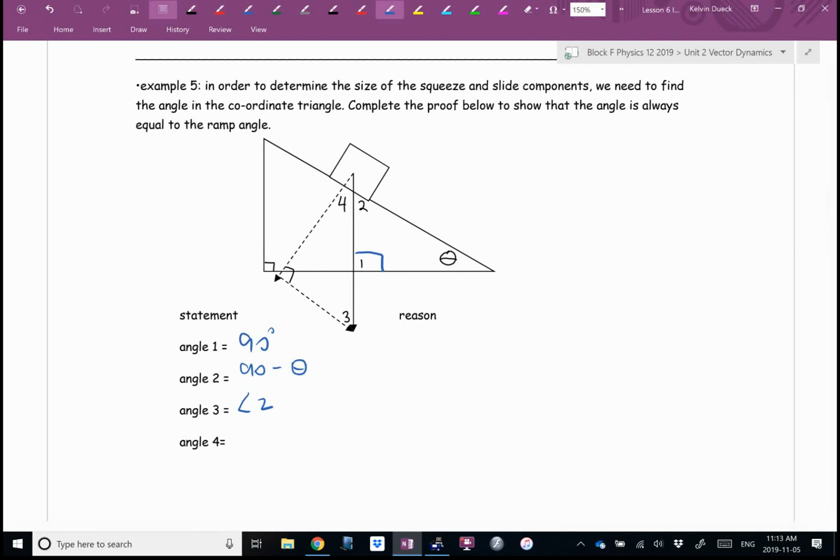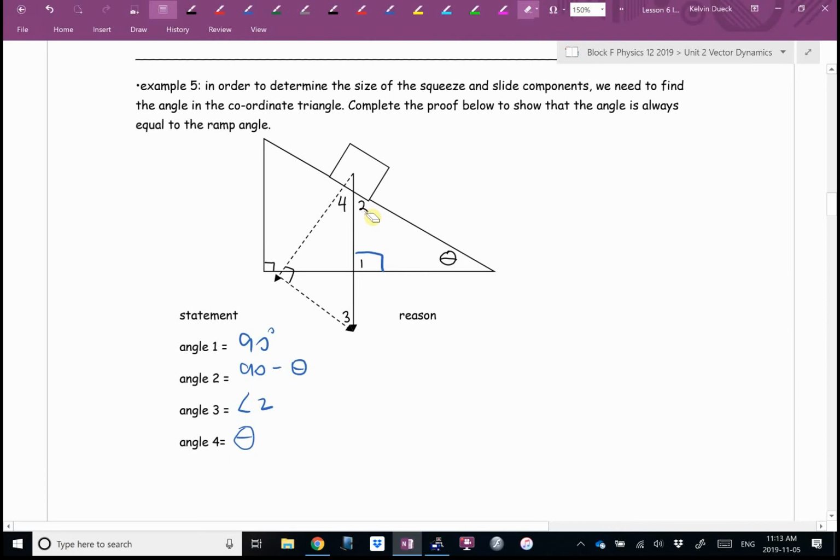How big is angle 4 then? I don't think it's the same as 1 because that would make it 90 degrees. And why must it be theta? You ready?